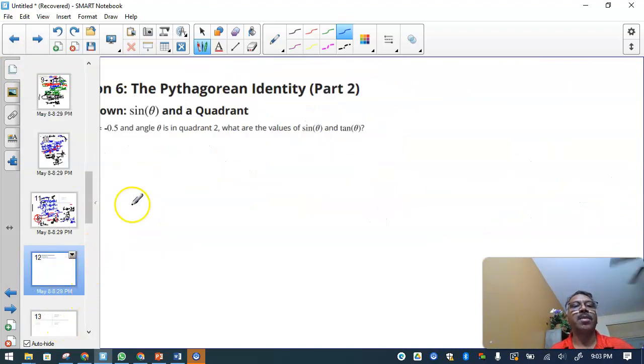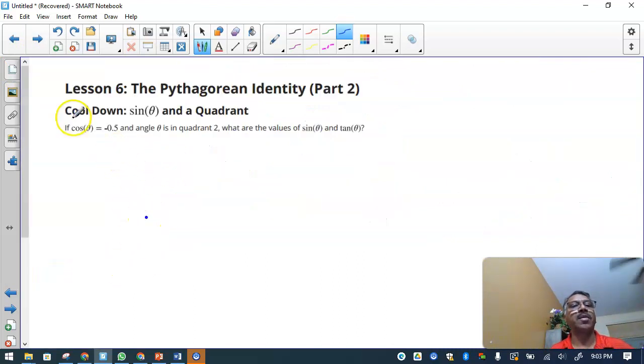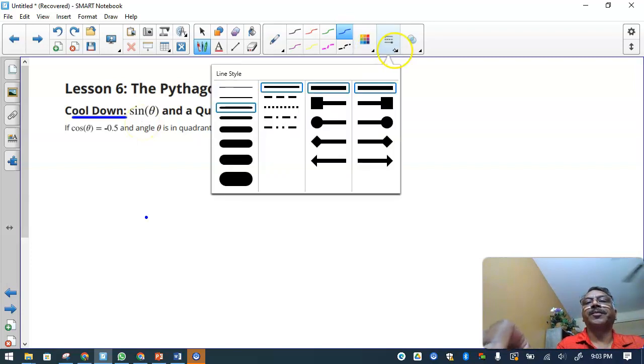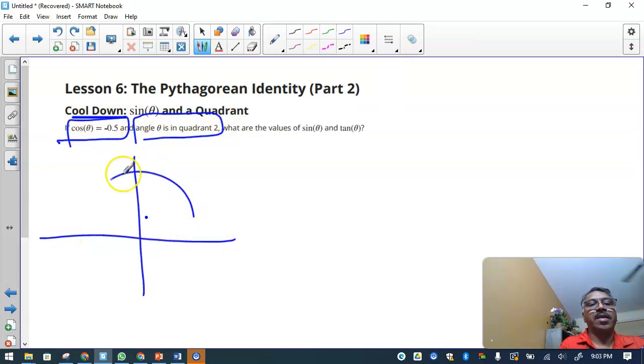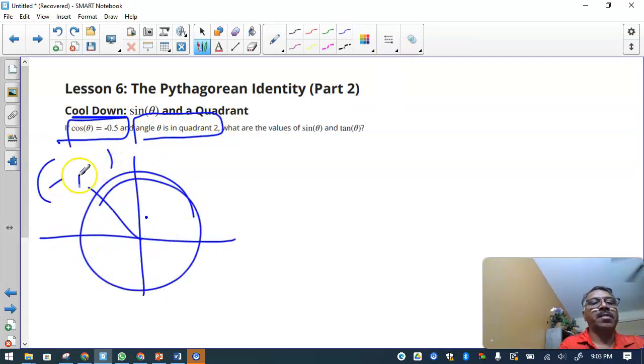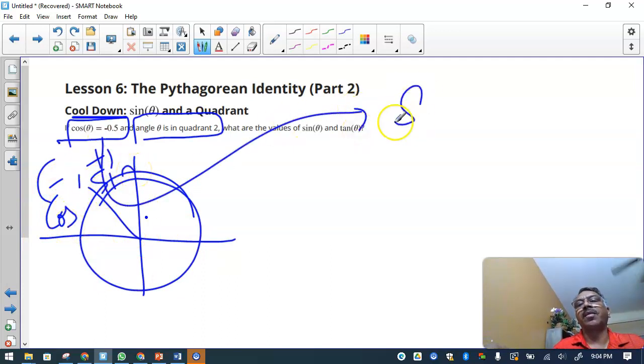Then one more thing I wanted to show is they ask you also, this is a cool down problem. You can write this at the end. So yet again, another problem using the same idea, cosine is given in the second quadrant. If it is the second quadrant, that means it is minus and plus. So cosine is negative and sine is positive. So all you do is the same thing I already showed you.